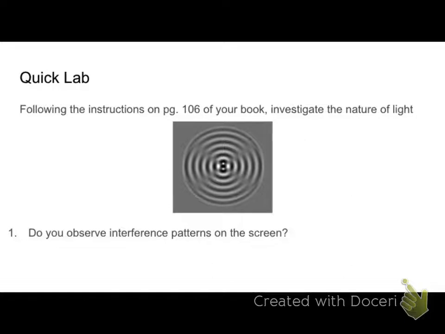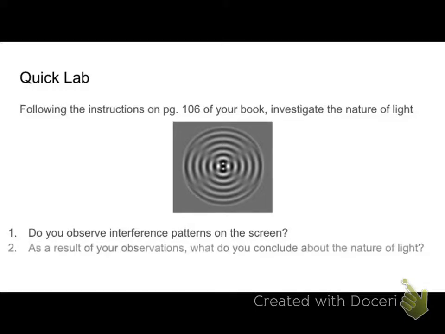Yes. Okay. So, the question then is, what does that tell you about the nature of light? The fact that interference can happen just indicates that light is acting as a wave here, because interference is a property of waves.